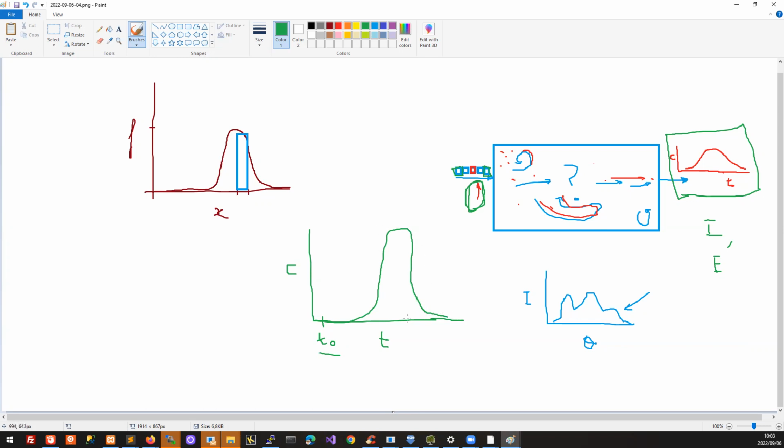Now I can estimate the number of moles of salt that spent a certain age in the reactor. Let's say I take this zone here, and I say that the age of the salt that exits in this range is nothing but T minus T0.